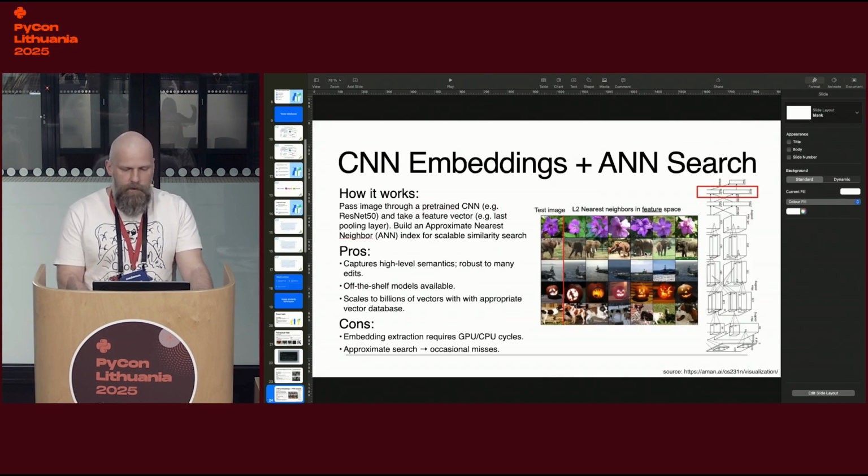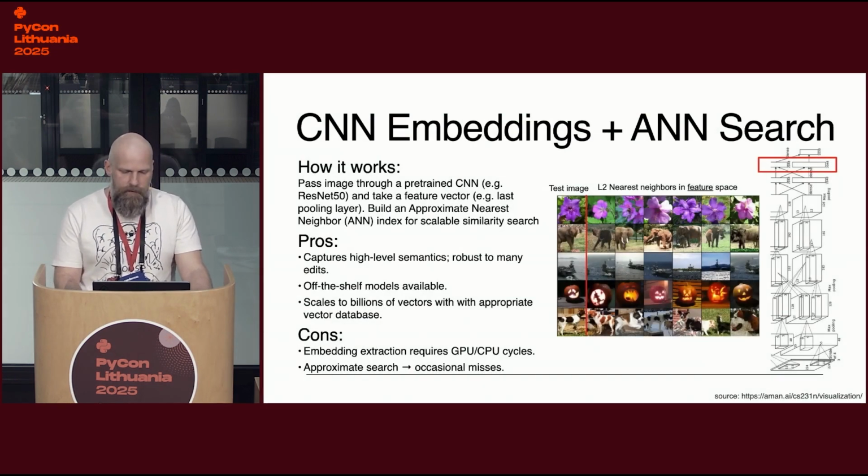I would recommend looking at neural network based methods. If we want to use neural networks for calculating embeddings, we can use probably any neural network designed for image classification.